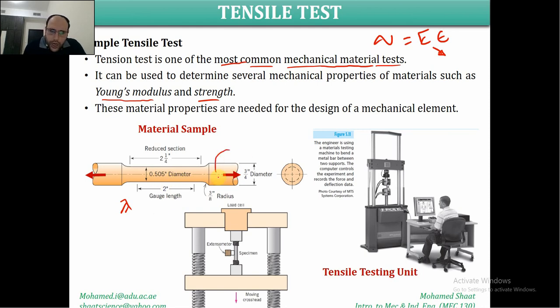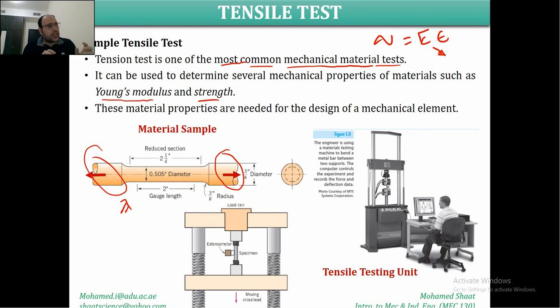So these two parts of the material sample are the clamping sides. These are the two ends of the material sample that will be clamped into the machine. And the machine is going to apply tension, keep stretching this sample until it is completely fractured. And this machine will be connected to the computer through some sensors.